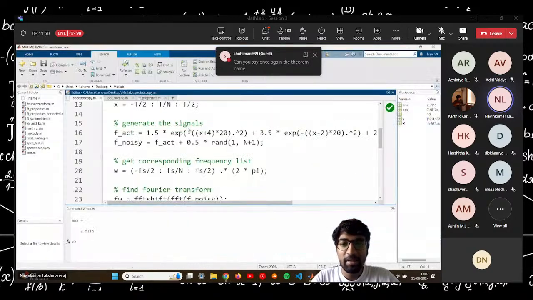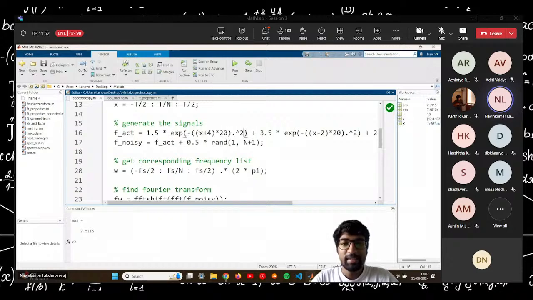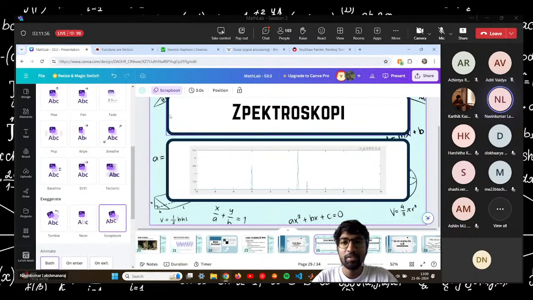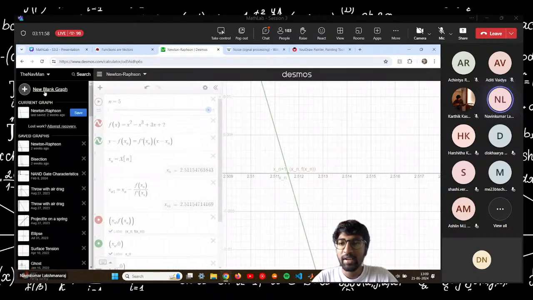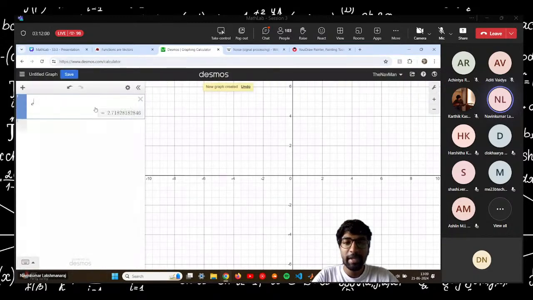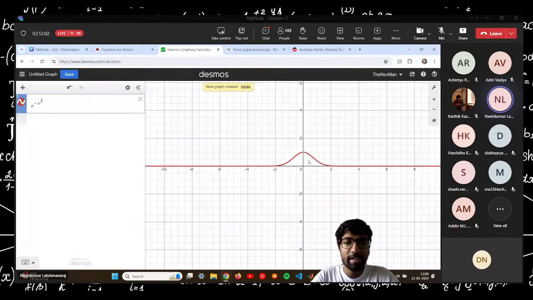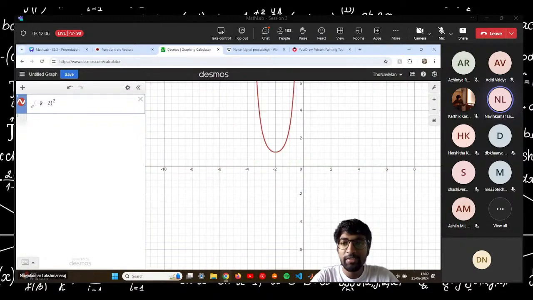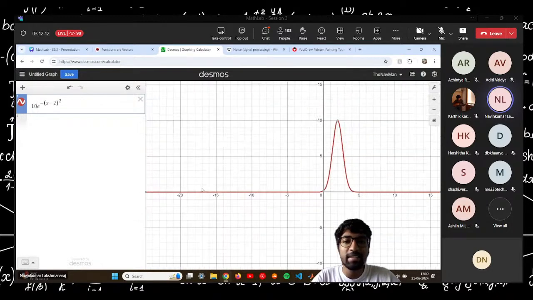What I've done is basically take a bunch of scaled and shifted Gaussians. For those who don't know what a Gaussian is, it is this function e to the power -x square, which looks something like this. So I've basically shifted the function by some units on the graph and also scaled it by some factors, say 10, so that the peak increases in height.